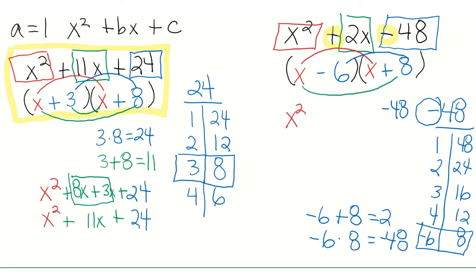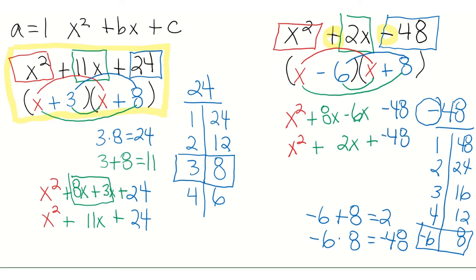I'm going to do my outer x times 8, and then the inner minus 6x. 8x minus 6x, that's going to give me 2x. And I have my correct equation.